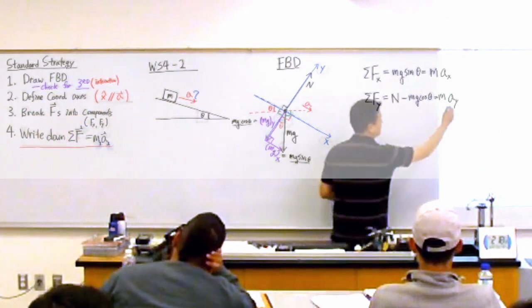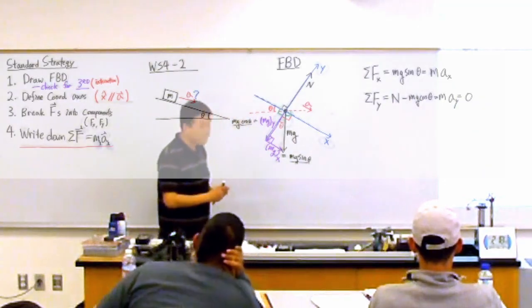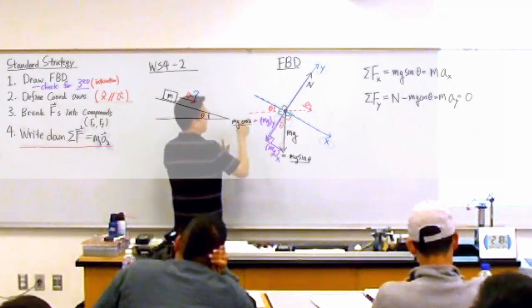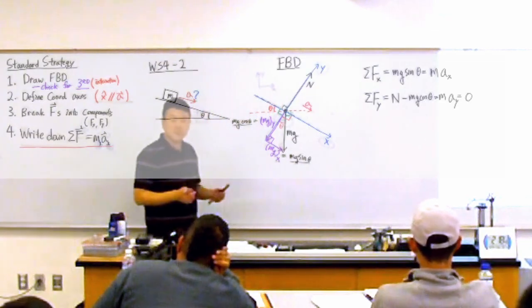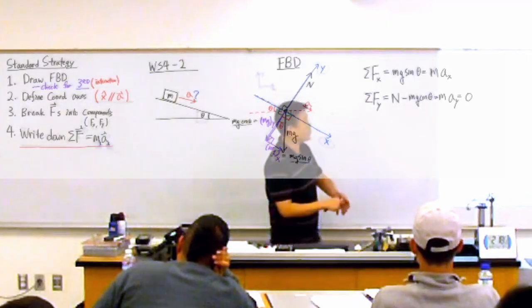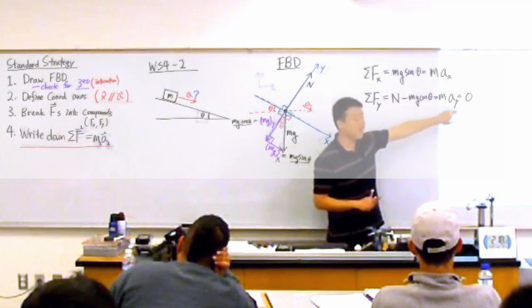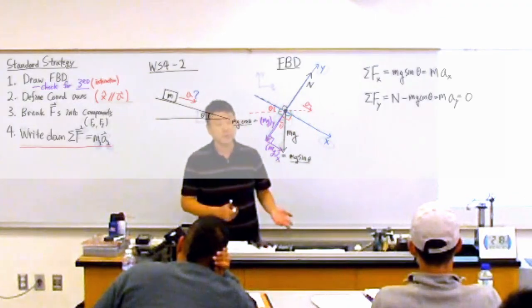So now I can say this is equal to 0. It makes your equations simpler. Now, if you had chosen this other axis, ignoring my advice, that doesn't mean you couldn't do the problem. It means that when you do the problem, you will actually have to write this out, ax and ay, and you'll have to work out the components of acceleration.